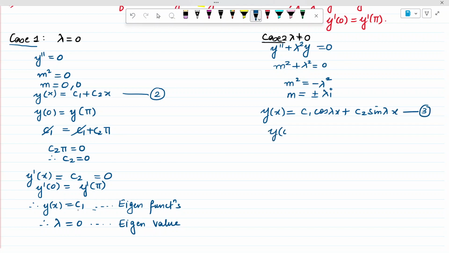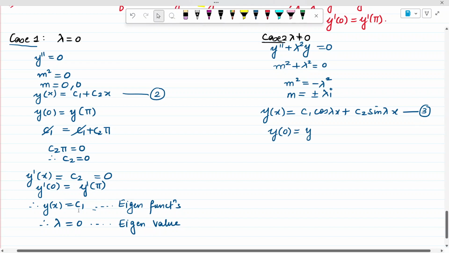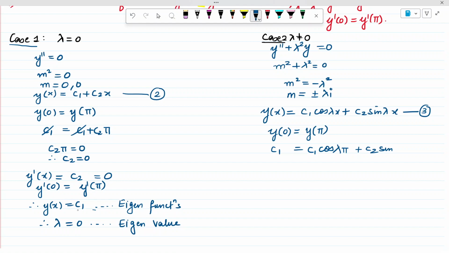You have y of 0 equal to y of pi. So when I put 0, I will have C1, okay, equal to y of pi. I will be left with C1 cos lambda pi plus C2 sin lambda pi.